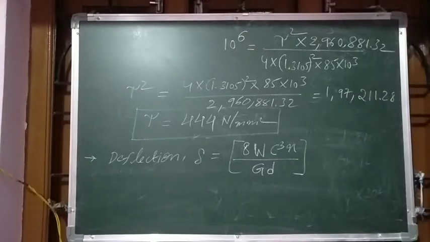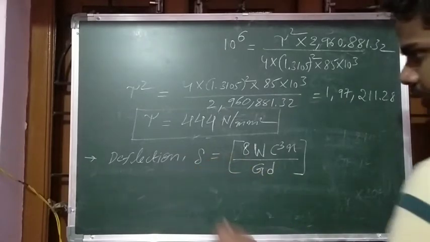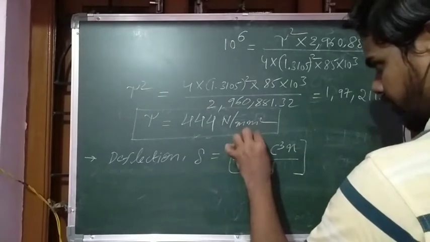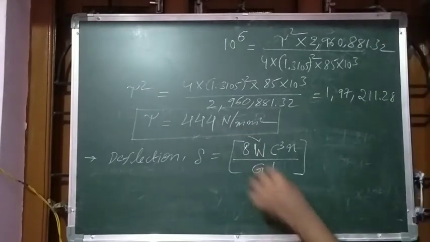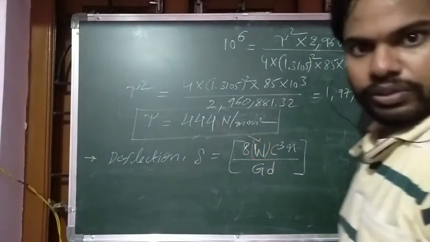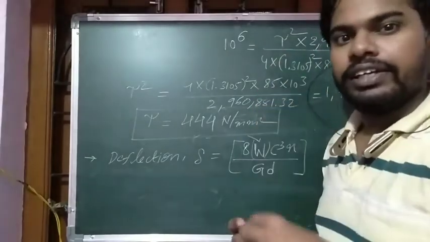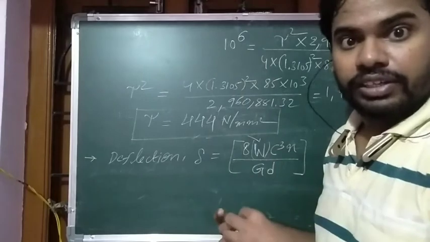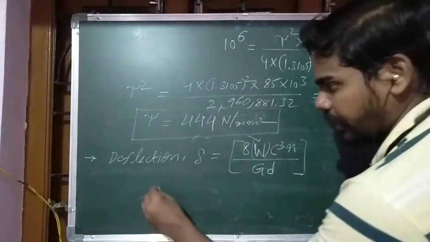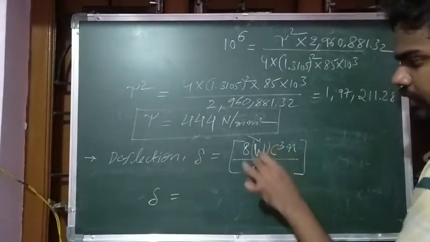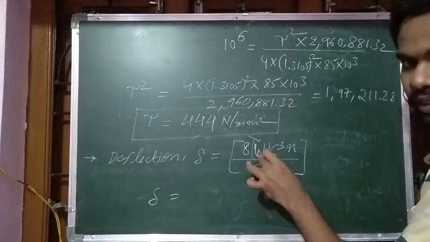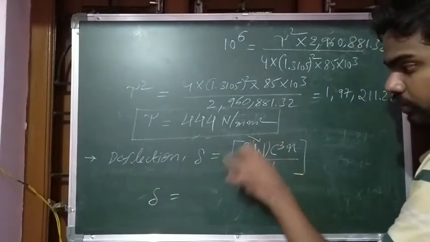This is the relation for deflection. But the problem here is that W is unknown. We don't know the value of the axial load, so we cannot use this expression. But we have another expression from the derivation, after substituting the W term.